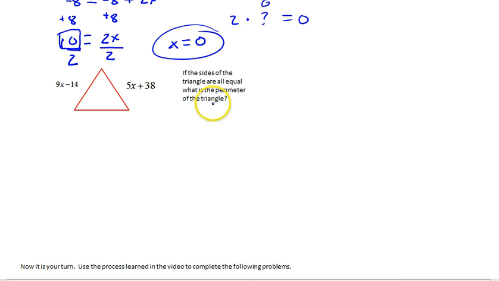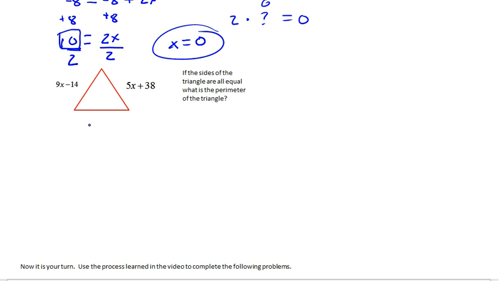If the sides of a triangle are equal, what is the perimeter of the triangle? Okay, so let's say this is an equilateral triangle. I should be able to, based on the information here in my diagram, find the perimeter of this specific triangle. Now you're thinking, wait, there's nothing here, and I don't know what my variable x stands for.